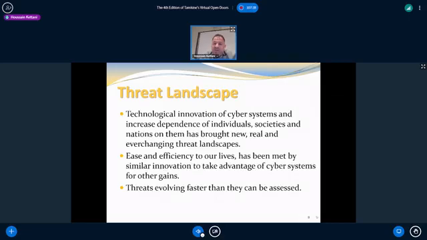So when you have a smart city, when you digitalize data, you make it easier for hackers to access the data, to manipulate it, to change it, to make it not available. And threats are evolving faster than they can be assessed. Some threat actors are government sponsored, so they are very well trained and hard to detect and hard to go after.